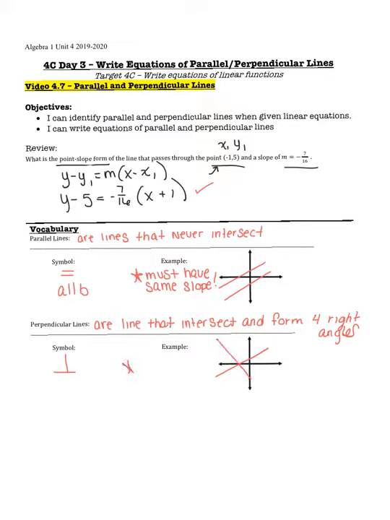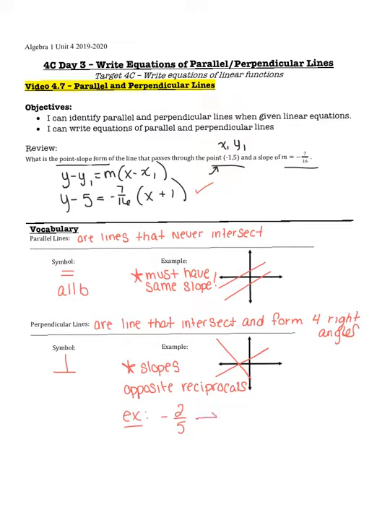Now, what's important to know about their slopes, obviously they're not the same. So we call slopes of perpendicular lines opposite reciprocals. I think of it like they're opposite in all ways. So for an example, let's say the slope of a line was -2/5.